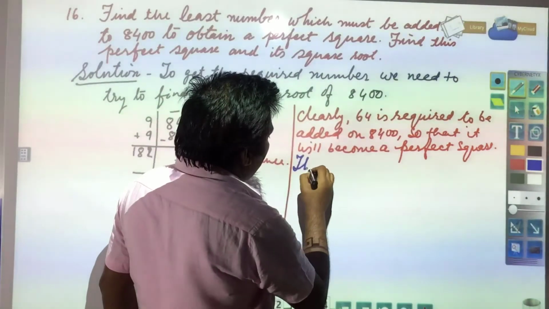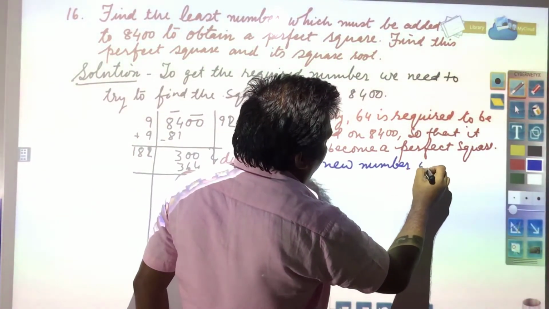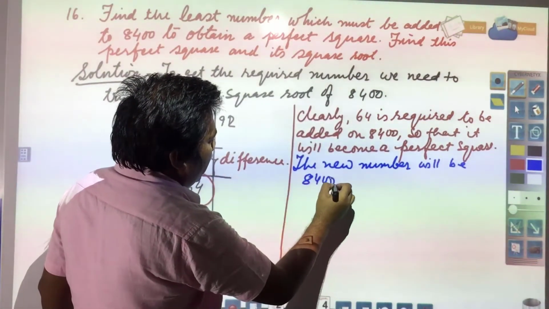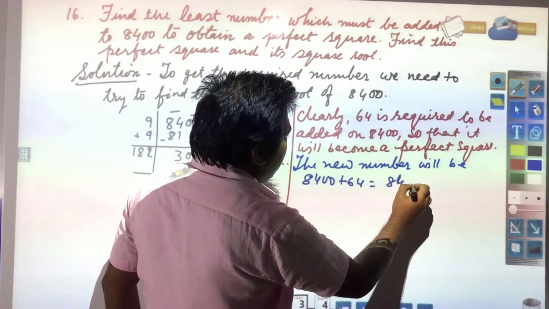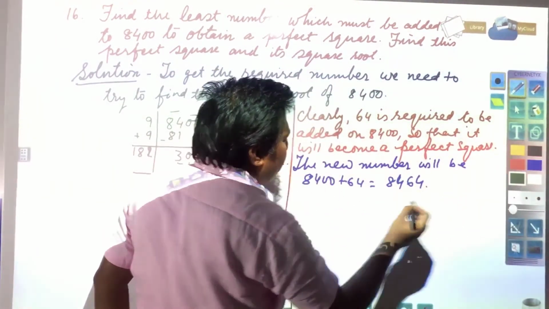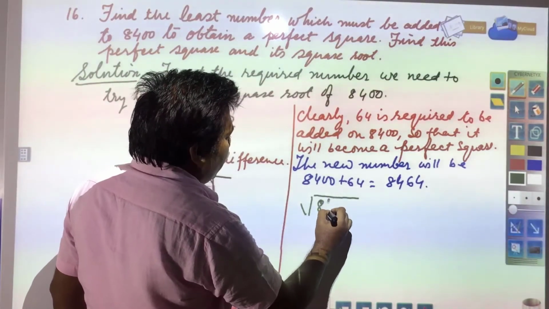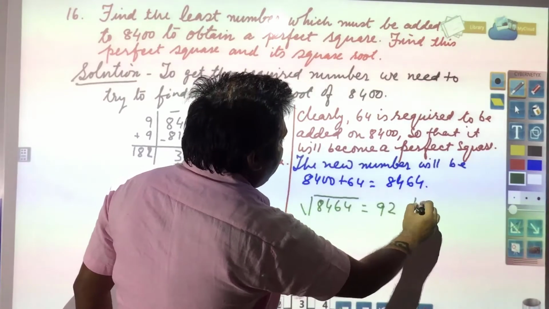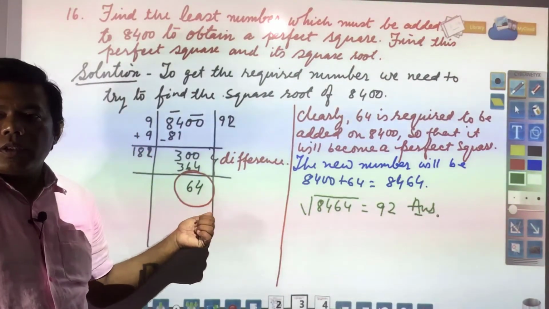The new number will be 8400 plus 64, it means 8464, and the square root of 8464 will be 92, and this will be your answer. In this way it is required to be solved.